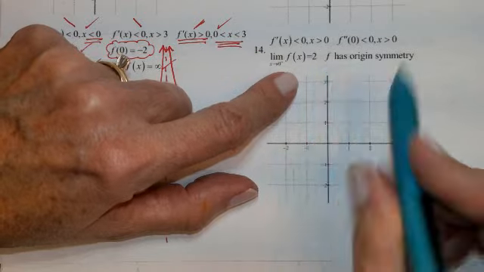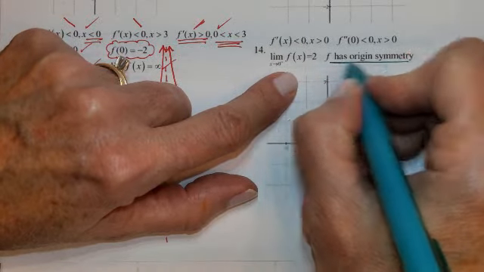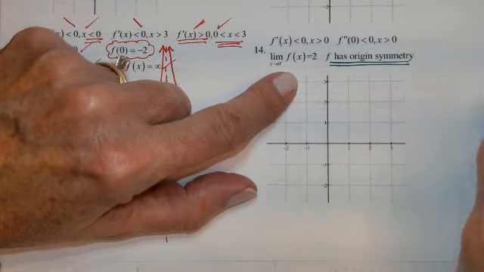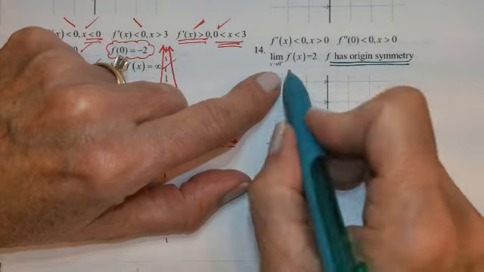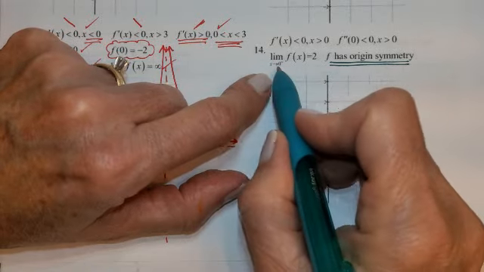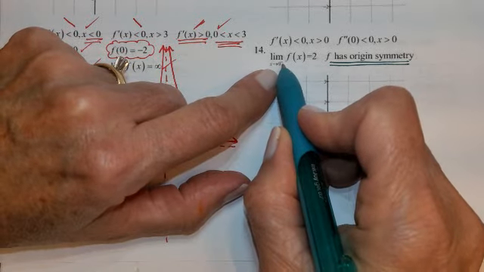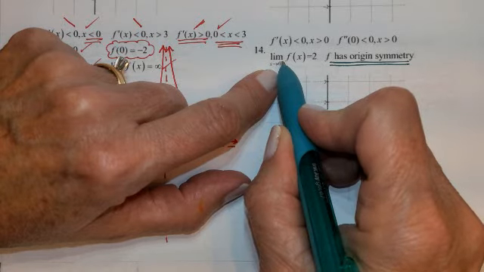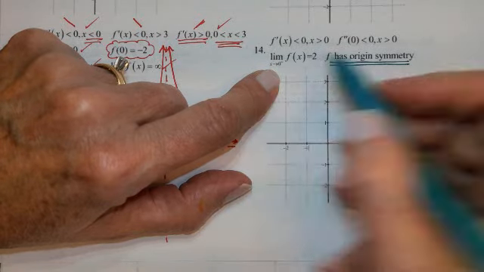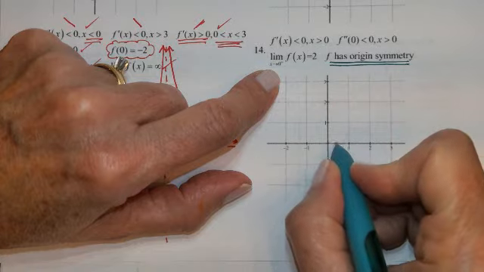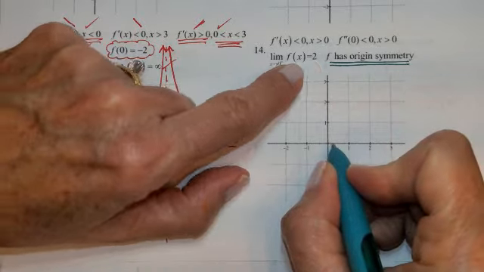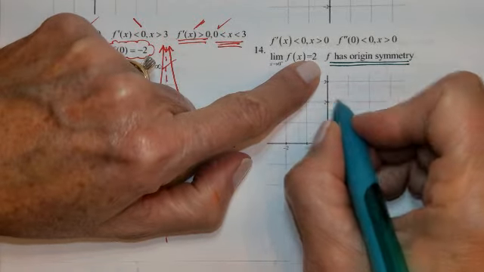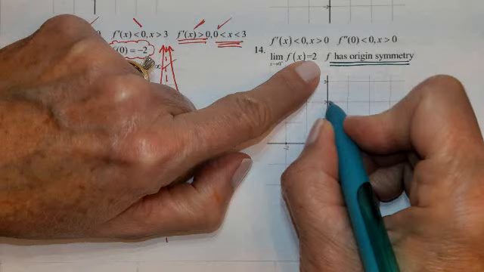So they talk here about origin symmetry, so we will come back to that, definitely. And they have this limit, so I'm going to do the limit. It says the limit as x approaches 0 from the right. That's a little teeny tiny plus sign. As x approaches 0 from the right, the function is going to 2.